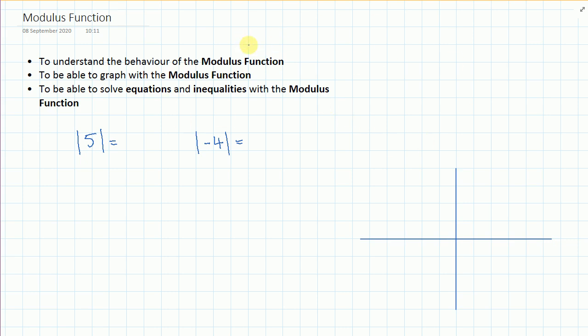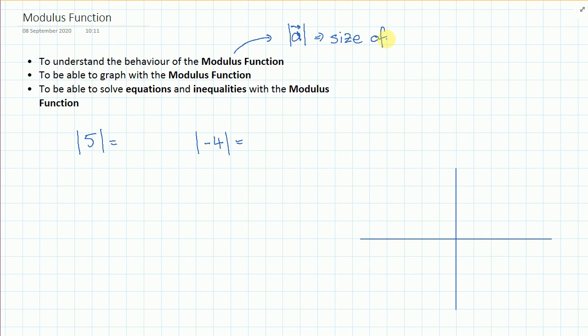In GCSE, when you were doing the vectors, if I had a vector A with a point over the top, you were sometimes asked what is two lines either side, and that said the modulus of the vector A, otherwise known as the size of, the length. That's what modulus means, what's the size of.